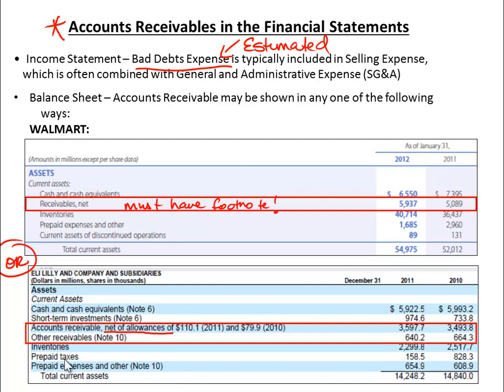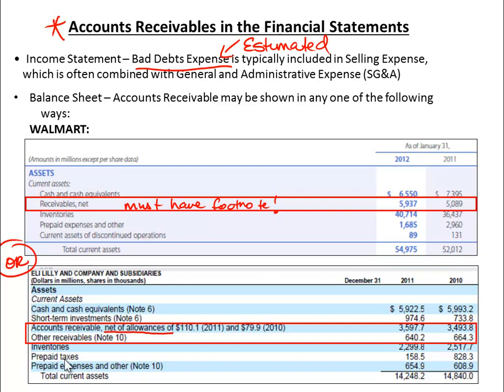When we look at accounts receivable on the financial statements, accounts receivable shows up on the balance sheet, and notice that I'm comparing what we're showing for Walmart versus Eli Lilly. Because Walmart only shows receivables net, they must show a footnote that explains what is net.